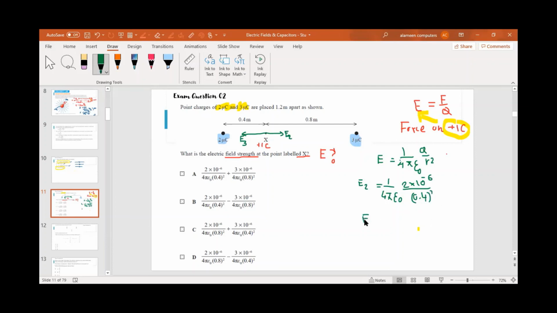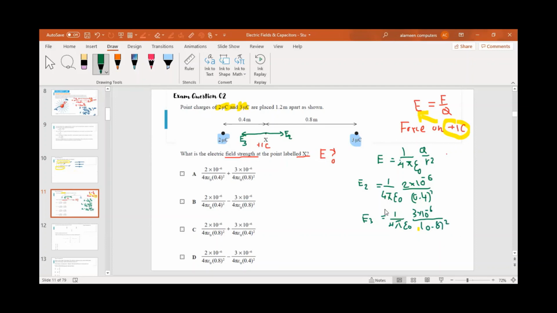In the same way, we can find E3. Electric field due to the 3 microcoulomb charge: 1/4 pi epsilon naught into the charge. The charge is 3 into 10 to the power minus 6, since it's microcoulombs. And the distance between the point X and the charge is 0.8. 0.8 squared.